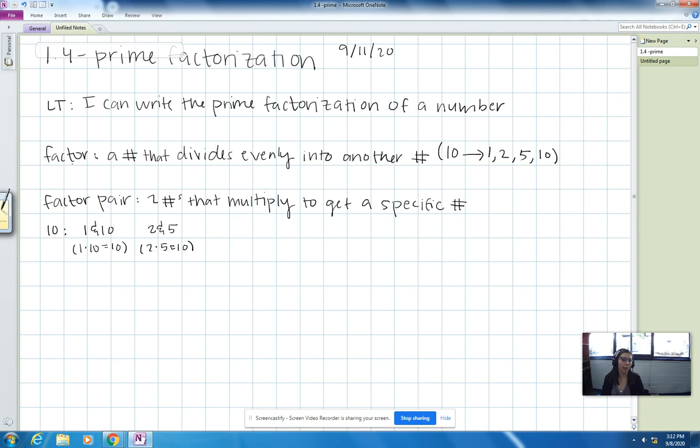All right, now that we know what factors and factor pairs are, we are going to move into prime factorization. What is prime factorization?